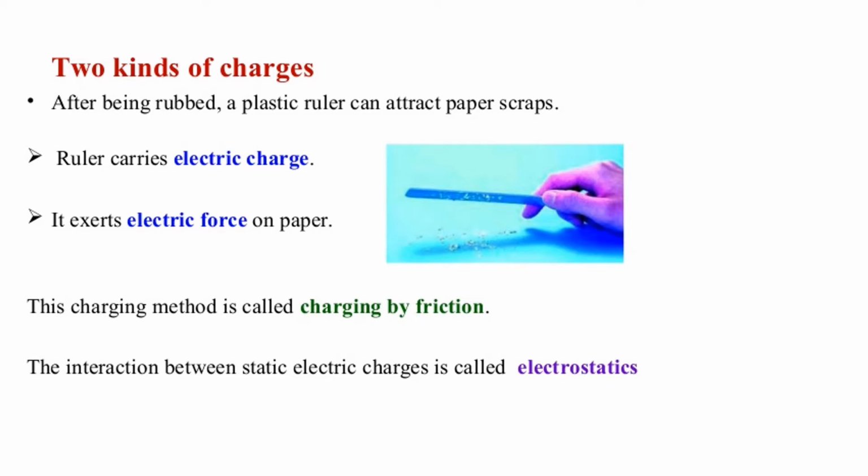So the ruler carries electric charge. It exerts electric force on these paper scraps. This charging method is called charging by friction. The interaction between static electric charges is called electrostatics.